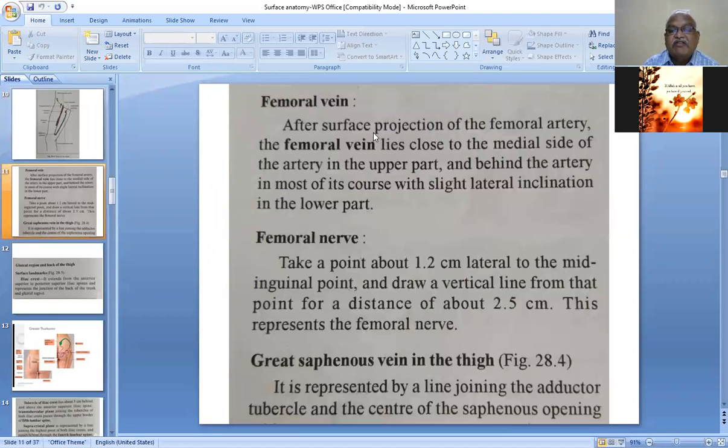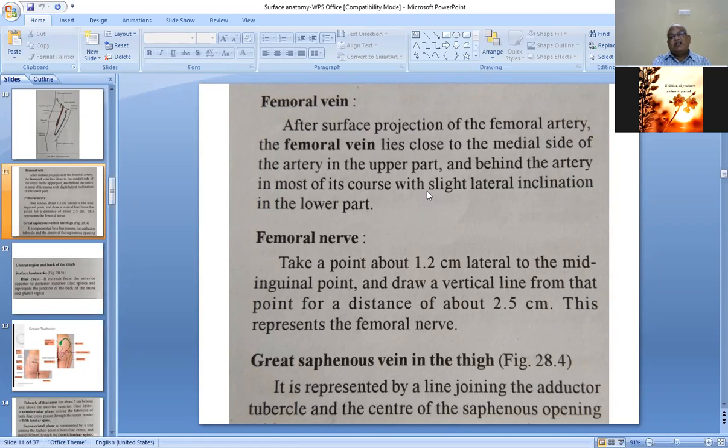Now femoral vein. In the surface projection of the femoral artery, the femoral vein lies close to the medial side of the artery in the upper part and behind the artery in most of its course, with slight lateral inclination in the lower part. So the femoral vein is not a straight one. The femoral artery is a straight one. In the upper two-thirds, the femoral artery is like a line, whereas in the lower one-third it goes into the adductor canal.